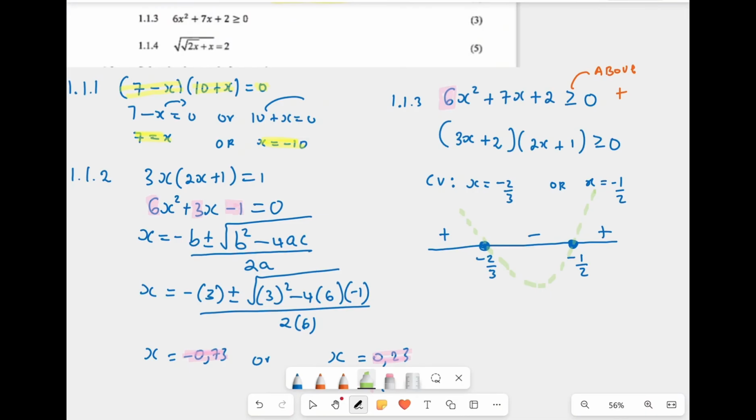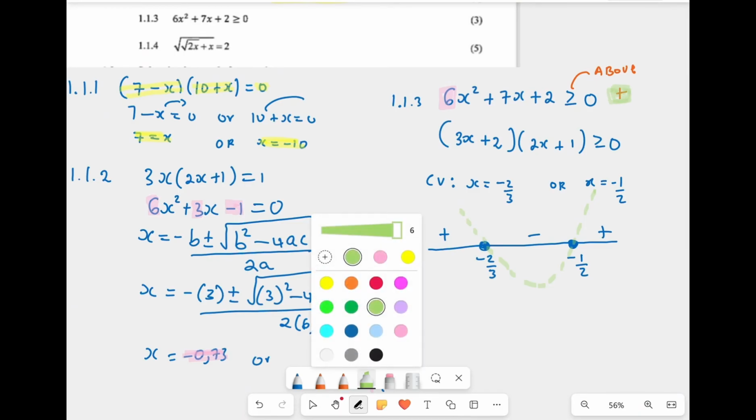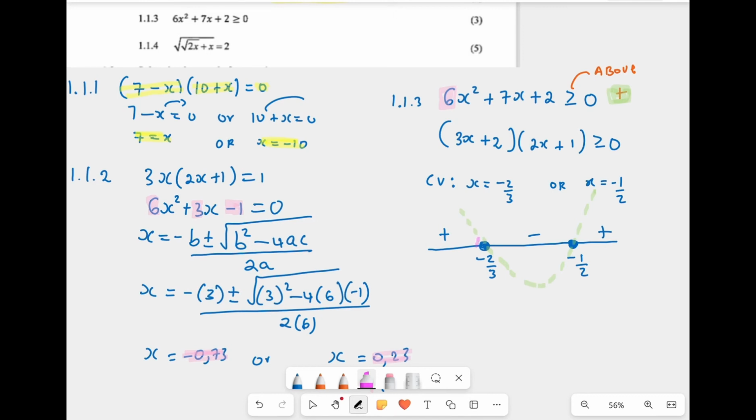And then now, we are looking for positive, above. Greater than 0, positive. Where is positive? So positive here is positive. It is also your above. Positive and above is one and the same thing. So you can see that we have highlighted from this point, and then we went to the left. We also highlighted from this point, which is minus 1 over 2, we went to the right.